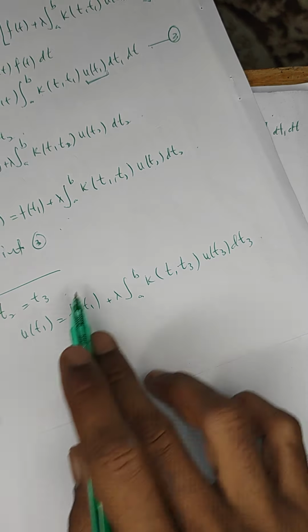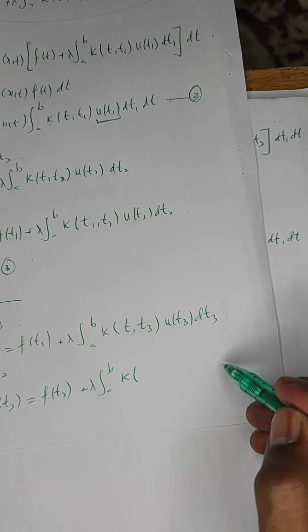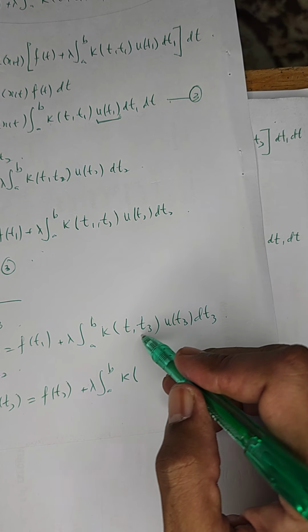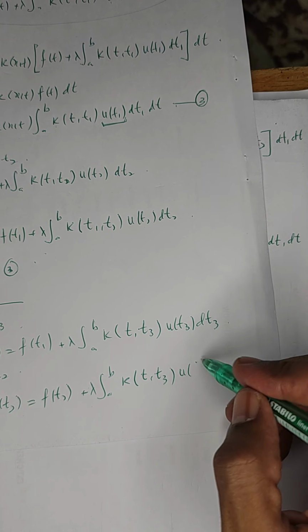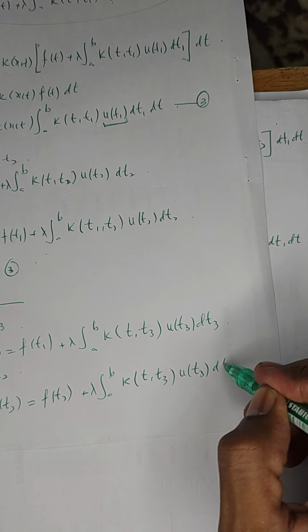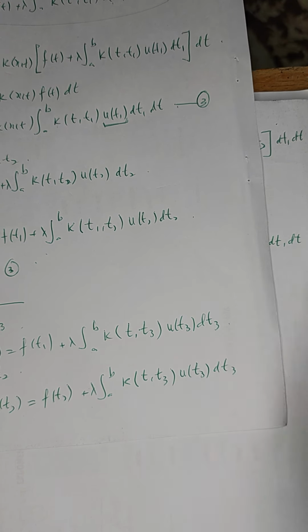Then we take t1 equal to t2, so you have u(t2) equal to f(t2) plus lambda integrate a to b k(t2,t3) u(t3) dt3.